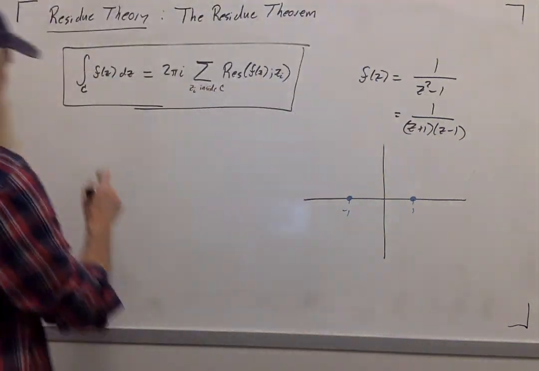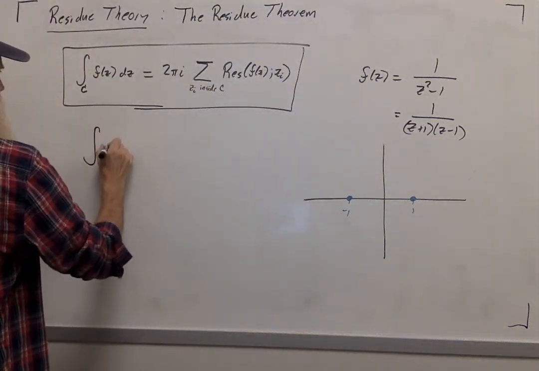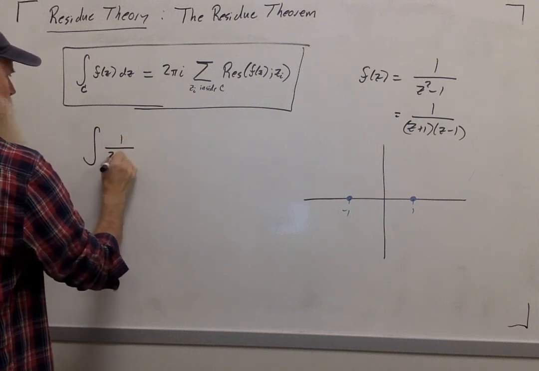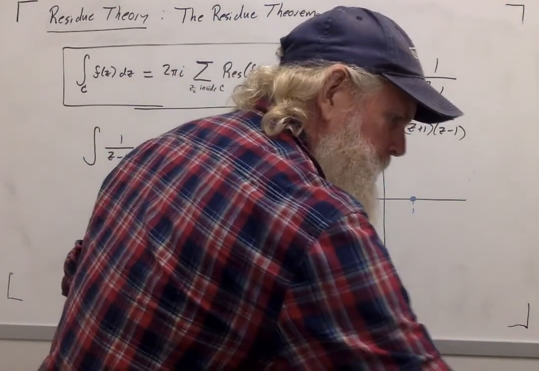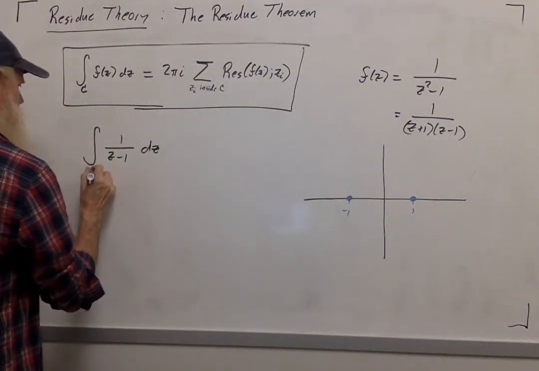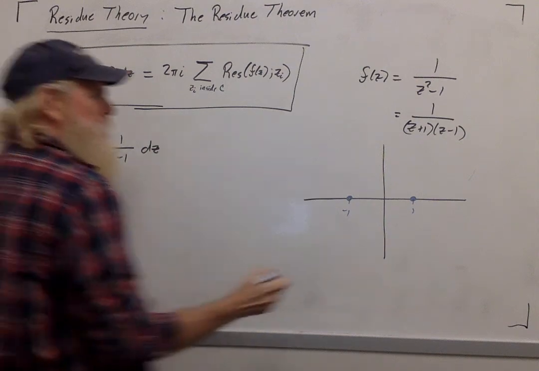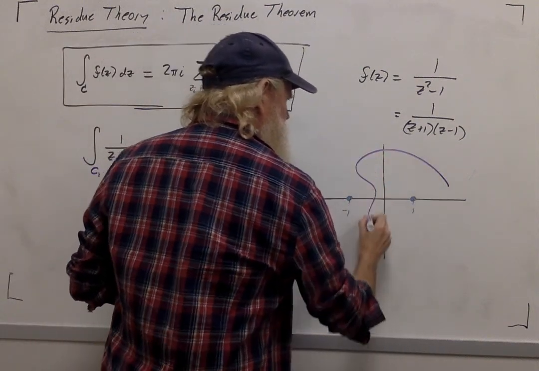And let's find the integral of this function, 1 over z squared minus 1, over the curve C1, which looks like this, say.